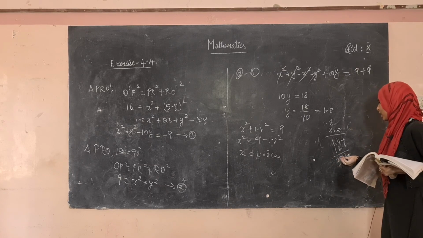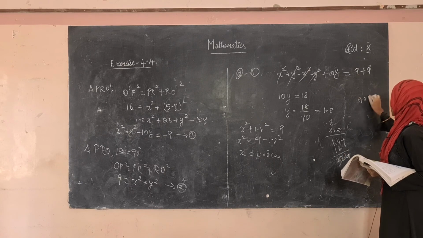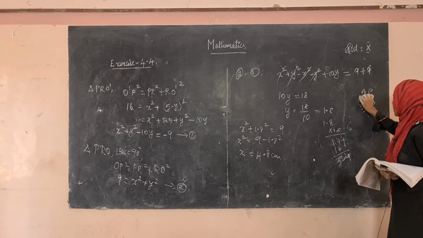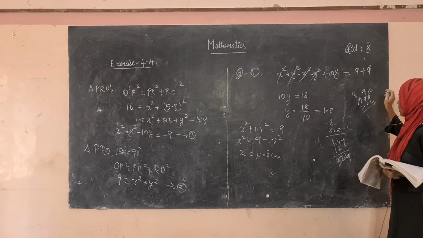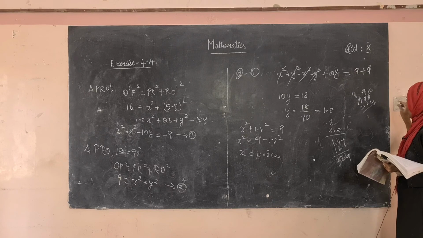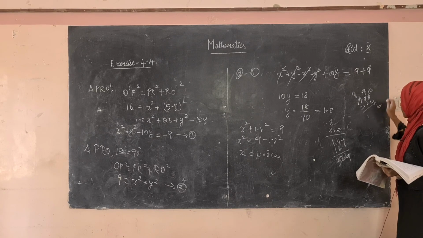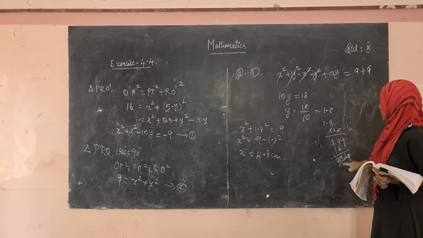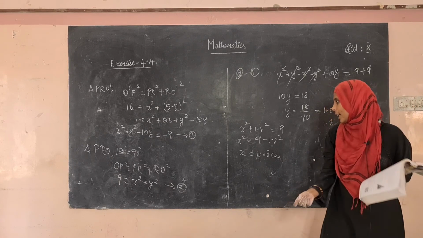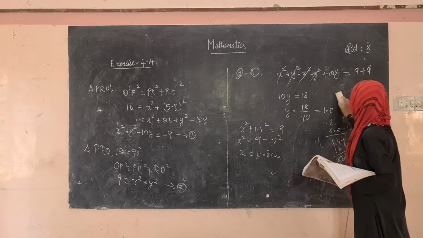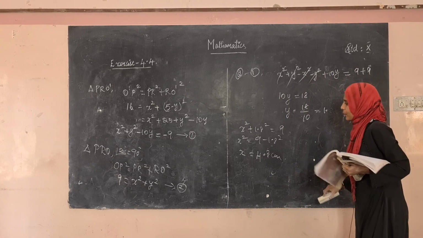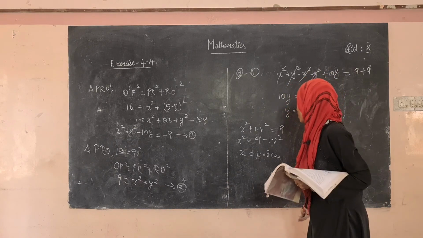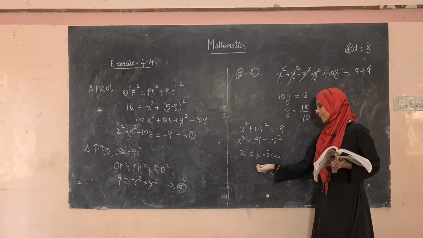That is 3.24. So 9.00 minus 3.24 becomes 5.76. So if you do 1.8 into 1.8, you will be getting the answer, and 9 minus 1.8 the whole square, and after that you have to take the square root also. Therefore you will be getting 4.8 as the answer.